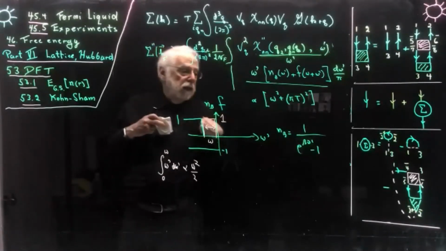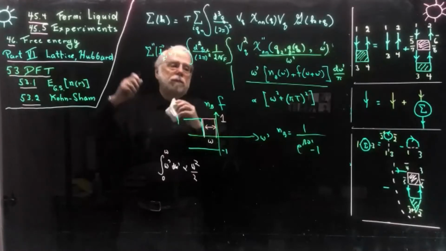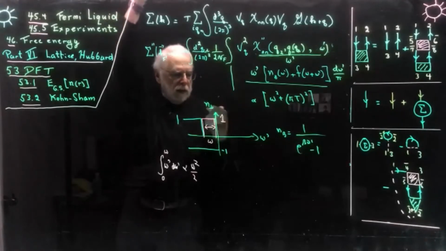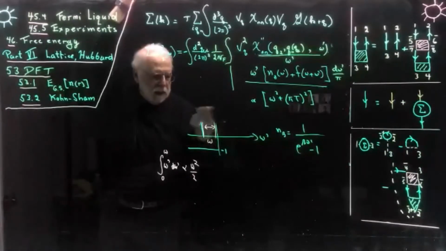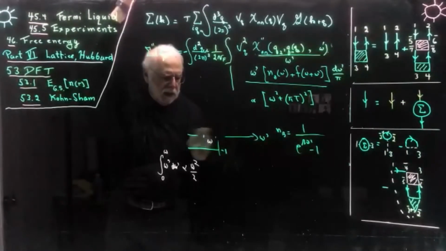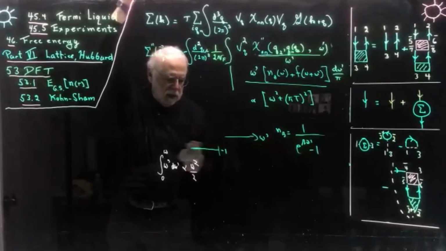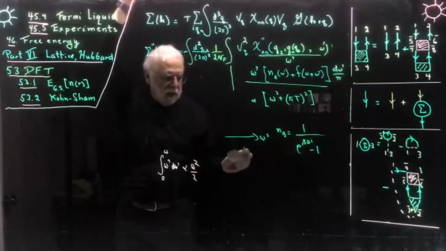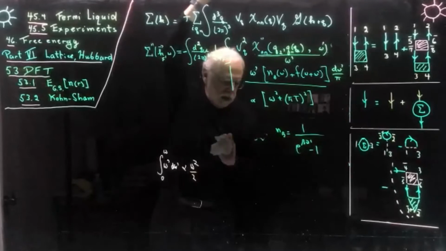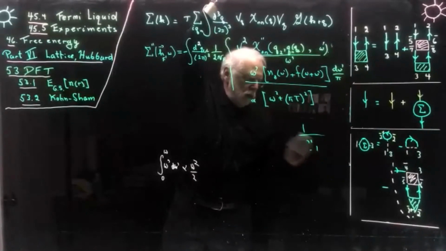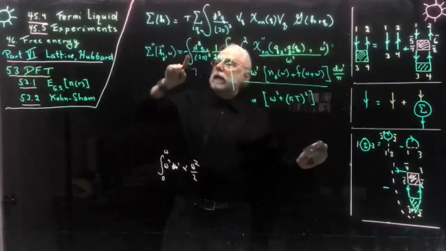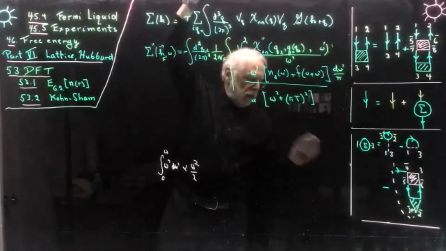Now let's look at experiments. And the sigma double prime is negative, like we want.